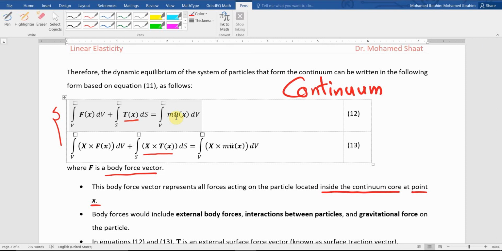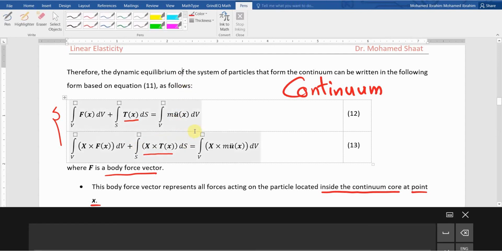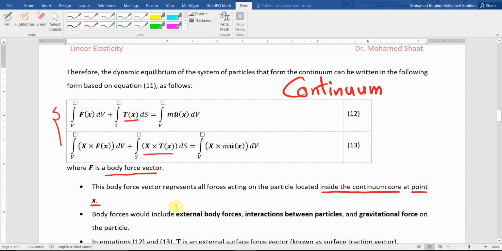Here we are talking about a continuum, and this continuum would exhibit some changes in shape, or it would move because of some external forces, right? So how we can describe one of the things, for example, to describe how much this continuum will be affected because of the external force, is to calculate the displacement of its particles, how these particles are moving inside the continuum, as we discussed before, right?